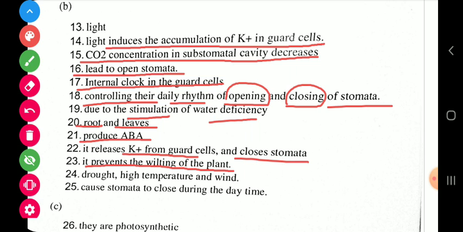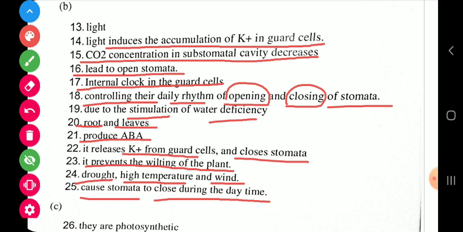Drought, high temperature, and wind cause stomata to close during the daytime. So what are the factors that cause stomata to close during the daytime?